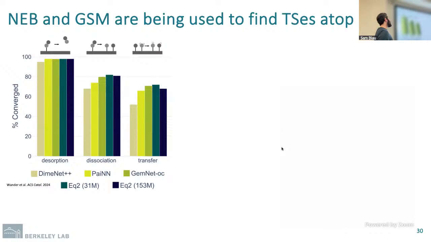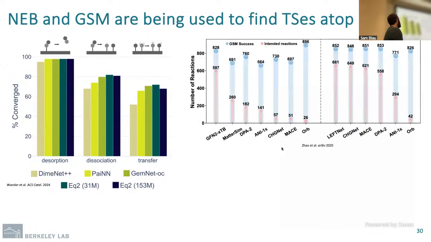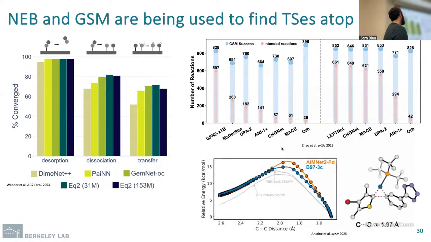And so already people are doing transition state optimization atop MLIPs. This was from the group at Meta, doing NEB atop their OC20 potentials. And this great paper came out recently of doing the growing string method atop a bunch of these molecular trained MLIPs.